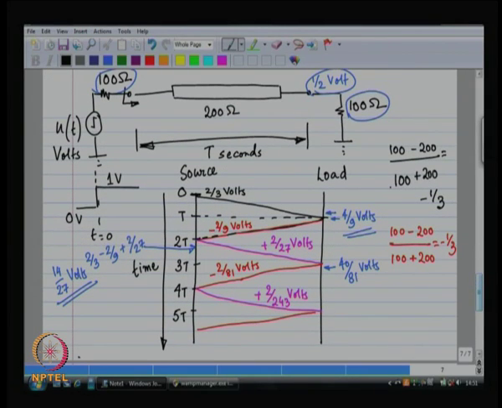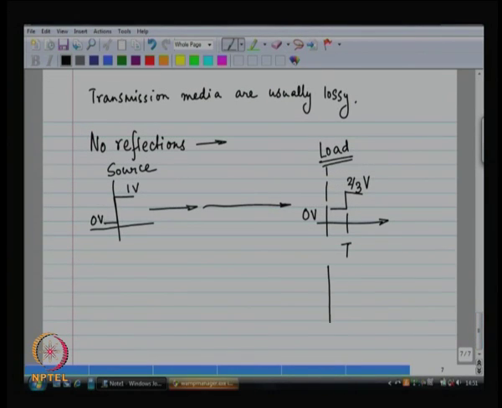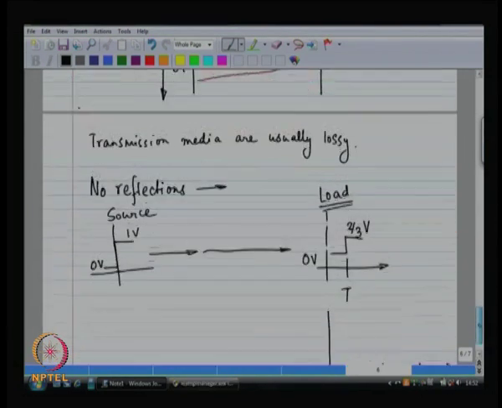Okay. When the load resistance is not matched to the characteristic impedance of the wire, then what have I got? In the example that I did, at time capital T, I got 4/9 volts.